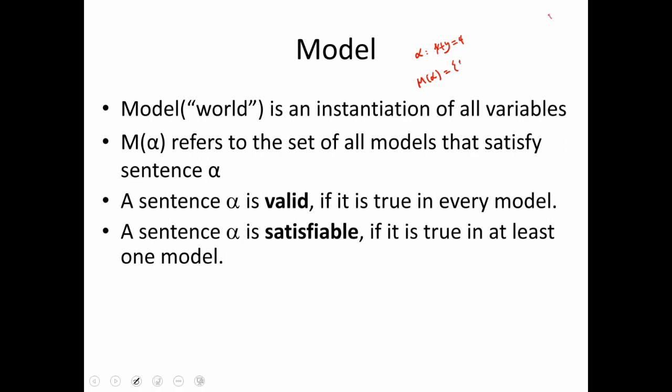So it could be like x is 0, y is 4. That's one model or one world. But you could also have a different model where x is 1, y is 3, and so on and so forth. And we say alpha is valid if it's true in every model, and alpha is satisfiable if it's true in at least one model.